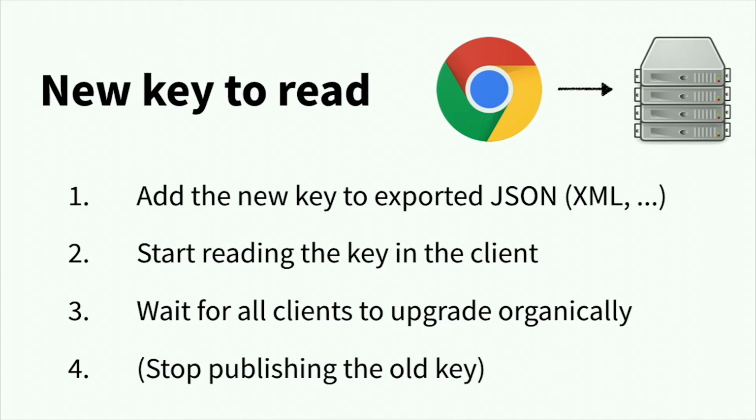Then you can deploy a new client that starts reading the data, and then you wait for all clients to upgrade organically, for all users to close and open their browsers, which can take, for example, several days. And then you can stop publishing the old key if you were changing something. So this is how you can update your application continuously without users noticing or forcing them to reload.